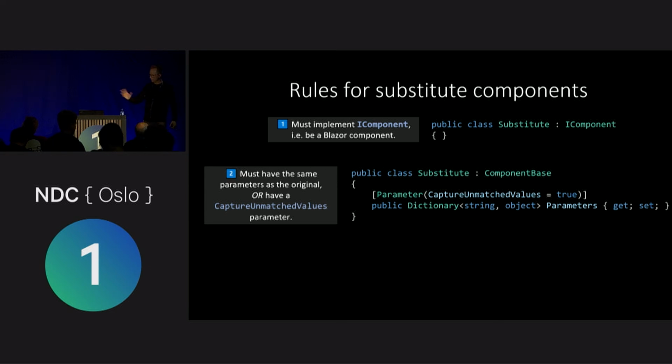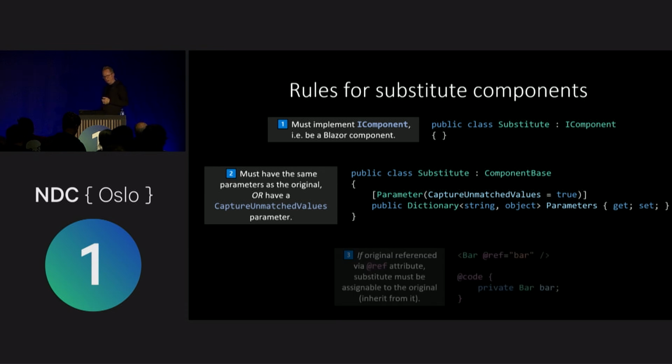And a really nice fallback is that our substitute can also have a parameter that captures unmatched values. The point is Blazor just needs a way to take the parameters passed to our Bar component and have somewhere to put them. Otherwise, it's going to blow up and say, hey, there's something wrong here.